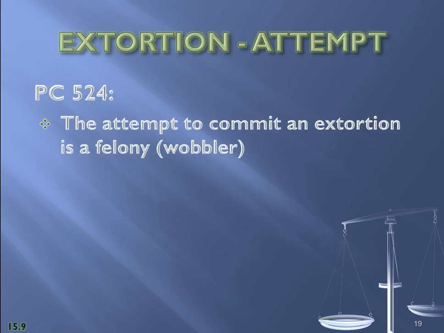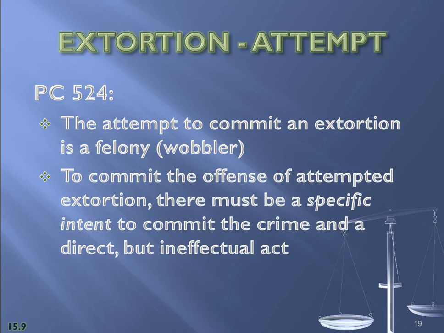So can you have an attempted extortion? And that's found in Penal Code Section 524. So every person who attempts by means of any threat, such as specified in Penal Code 519, to extort money or other property from another is guilty of a felony wobbler.